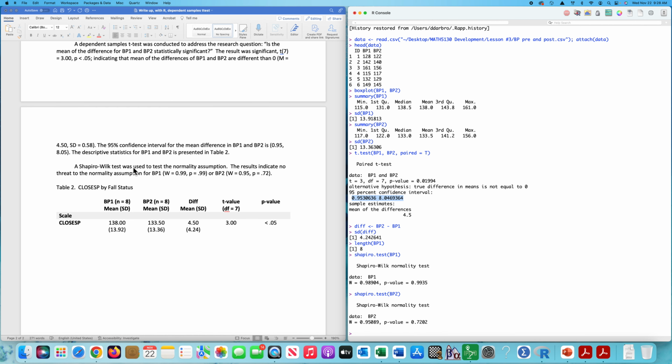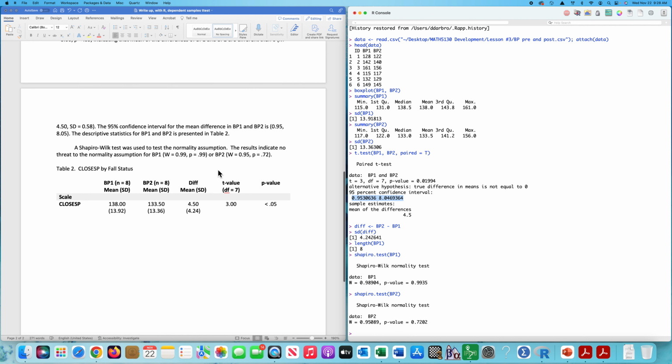One of the assumptions for a dependent samples t-test is that our dependent variable is normally distributed. So you can see at the bottom what I did is I ran a Shapiro-Wilk normality test for BP1 and BP2. Neither one was statistically significant. Remember, the null hypothesis is what?